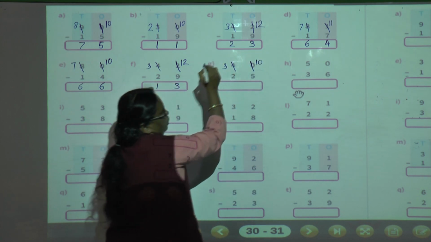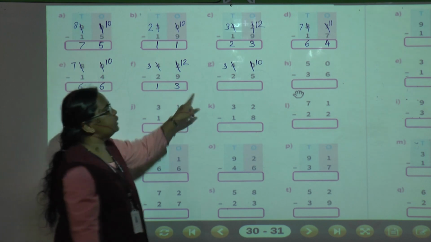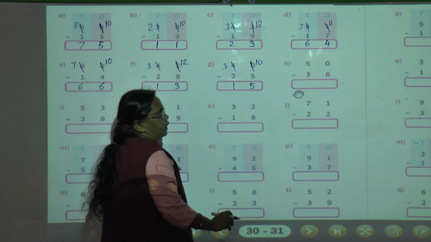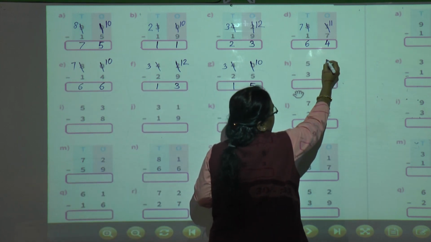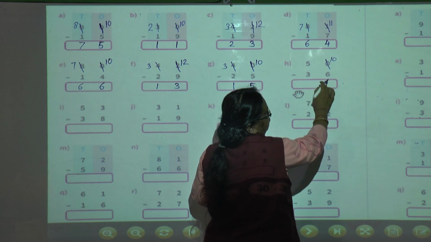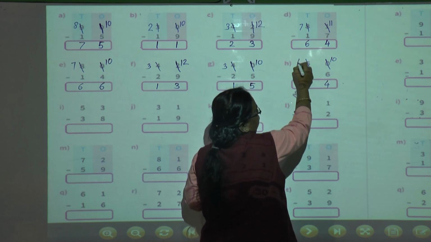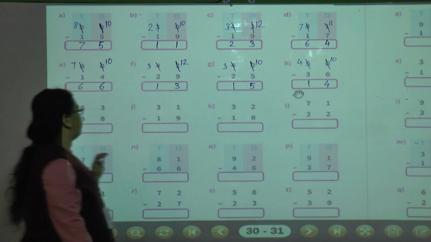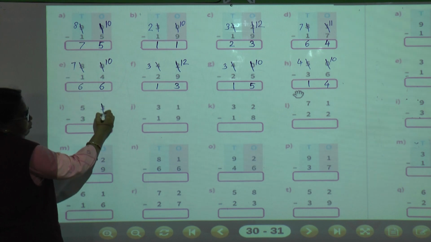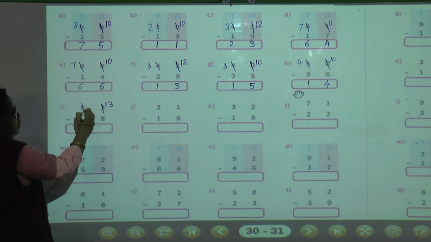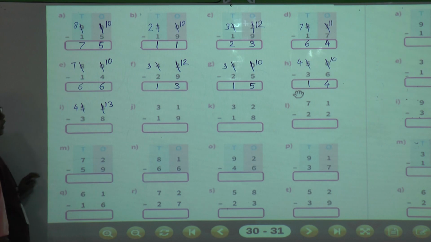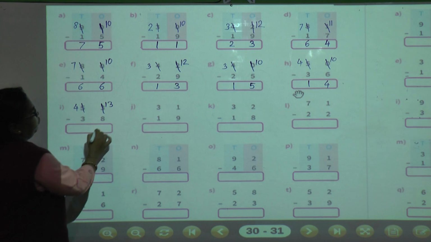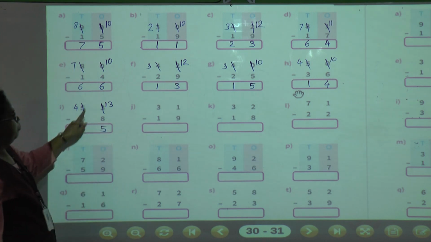10, 3. Then 10 minus 5 is 5. 3 minus 2 is 1. 10 minus 6 is 4. 4 minus 3 is 1. 13 and here 4. 13 minus 8: 10, 11, 12, 13. 8, 3, 4, 5. 13 minus 8.